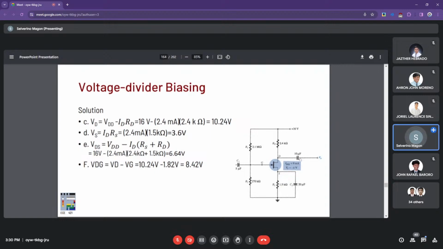So for the VDS, this will be useful for the AC analysis, then we have it with the 2.4 ID value at 6.64 volts. And right, for VDG, we have it at 8.42 volts.